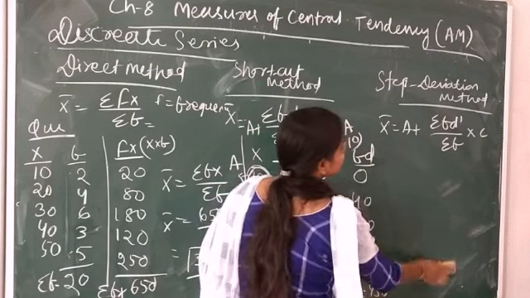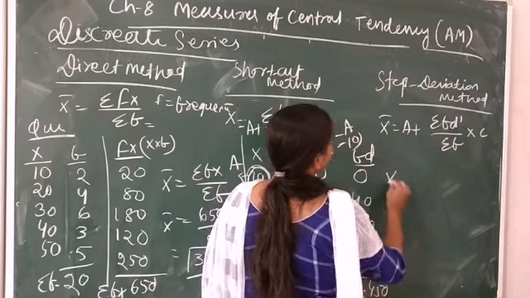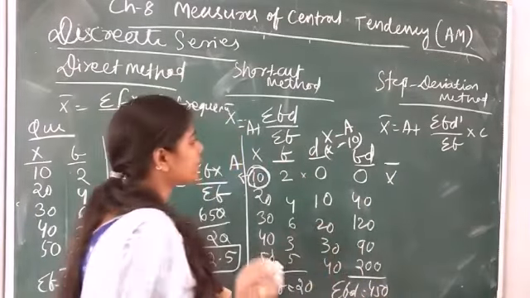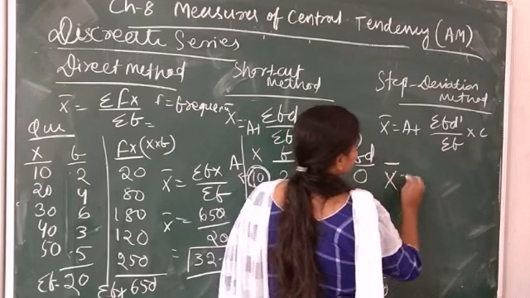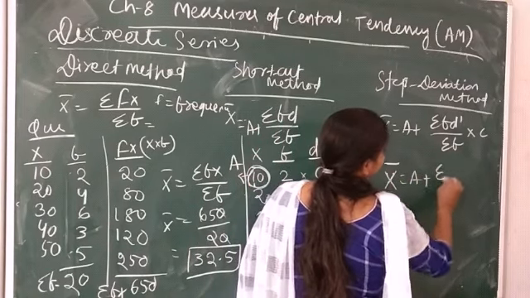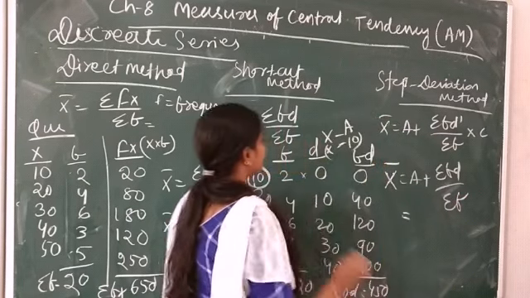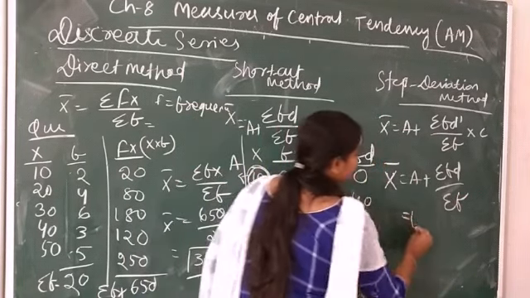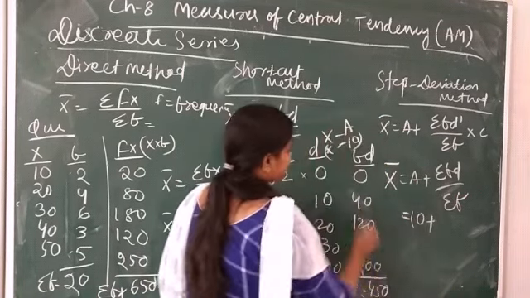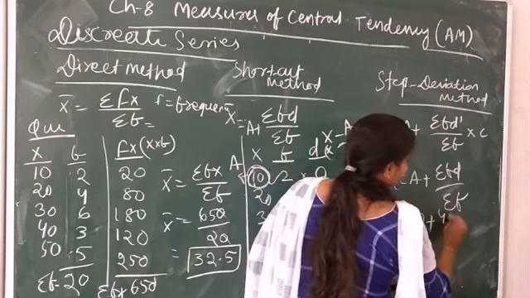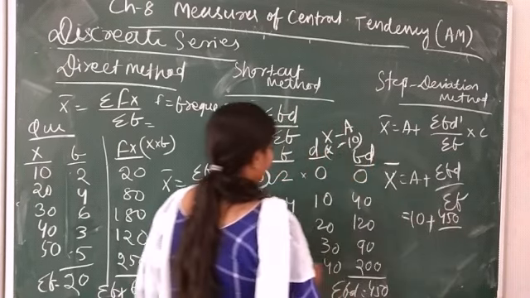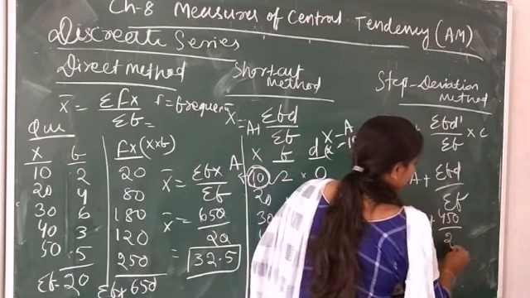Now we put the formula of the mean under the shortcut method, or assumed mean method. So mean equals A plus sigma fd divided by sigma f. A is your assumed mean, and we take 10 as the assumed mean, plus sigma fd is your 450 and sigma f is your 20.